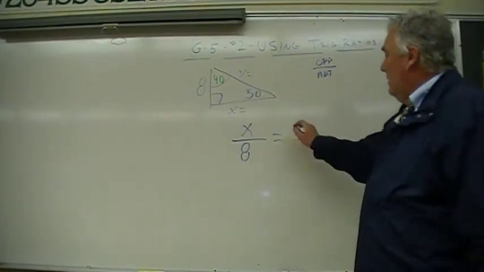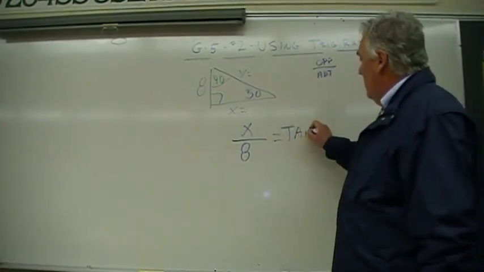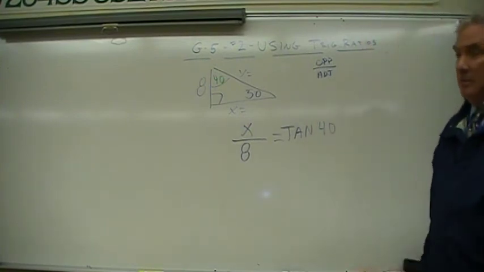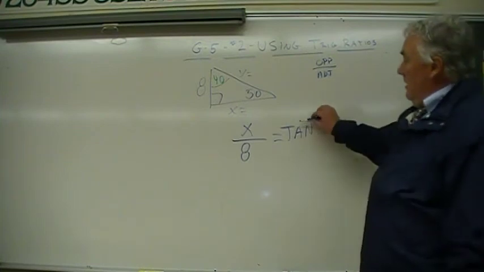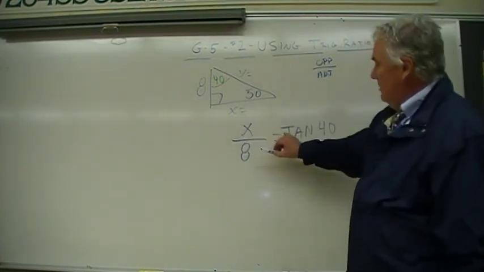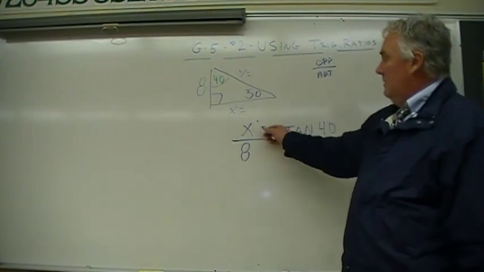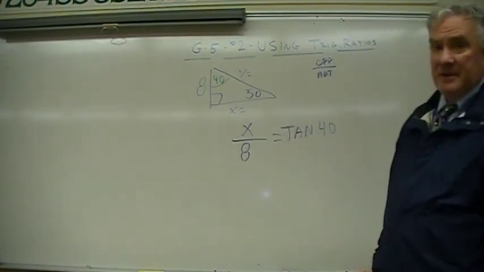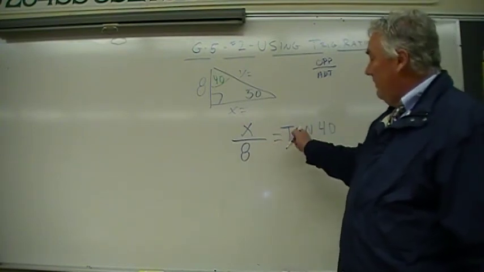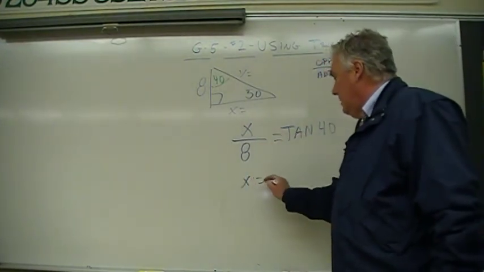And that's going to equal what? It's going to equal the tangent of 40 degrees. The tangent of 40, opposite over adjacent, equals the tangent. That's the ratio. Solve for x. Multiply both sides by 8.